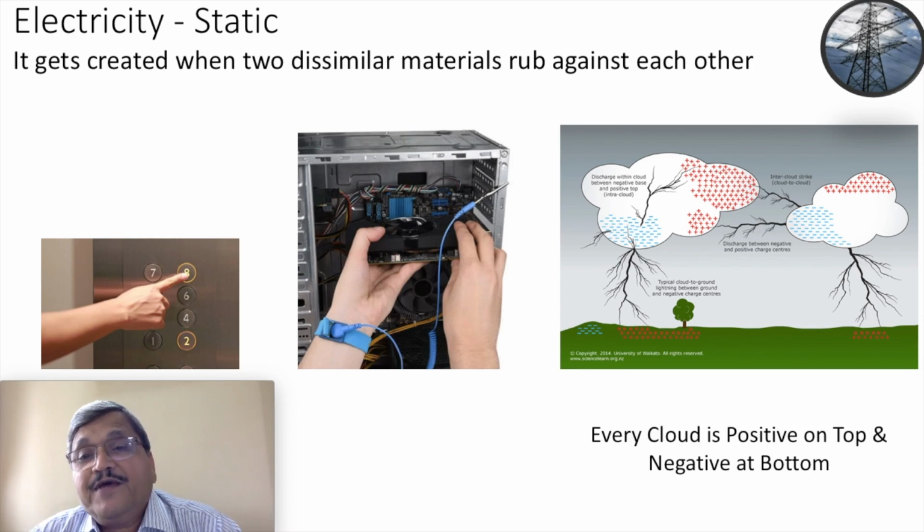Positive being lighter in weight, it occupies the space at the top, and the negative charges being heavier occupy space at the bottom. So when the bottom of one cloud touches the top of another cloud, and if the charge is too heavy, then there will be lightning, and we will see lightning in the sky.